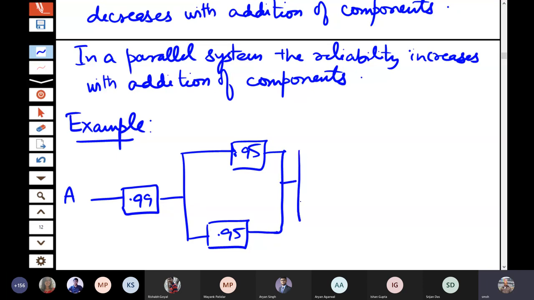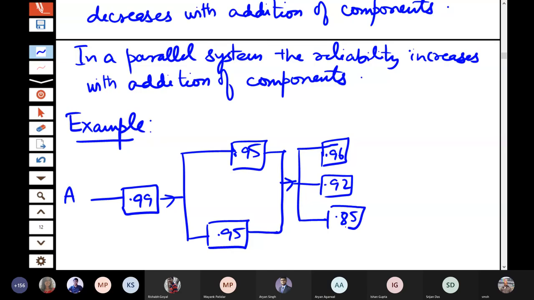And then you have 0.96, 0.92, and 0.85 in parallel. And then you have another one with 0.95, then another one with 0.82. Okay.